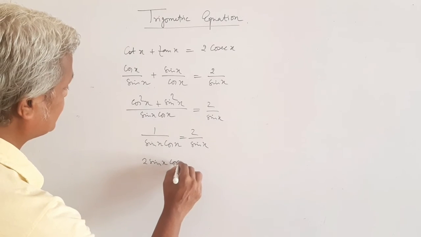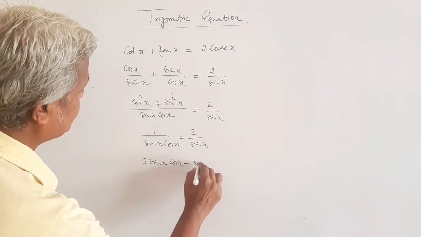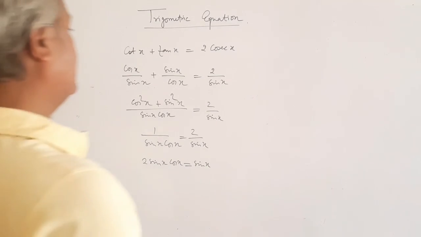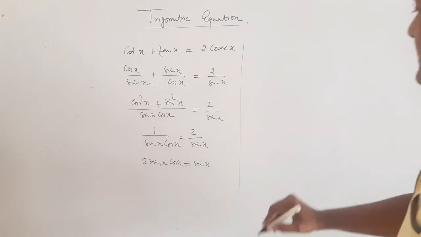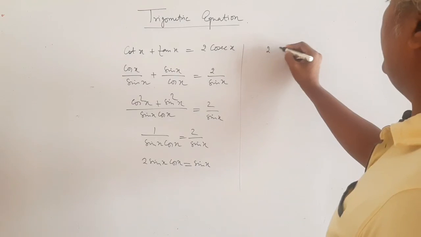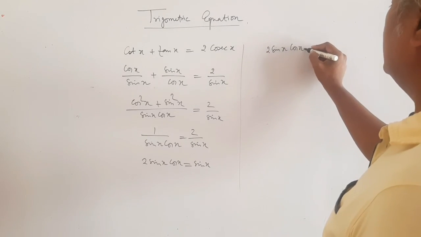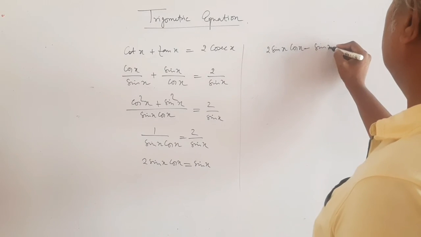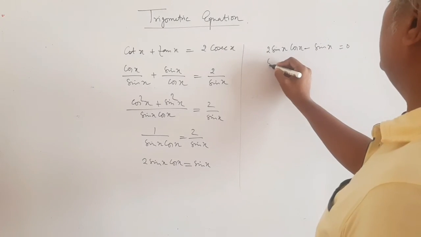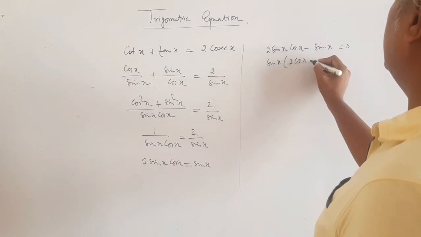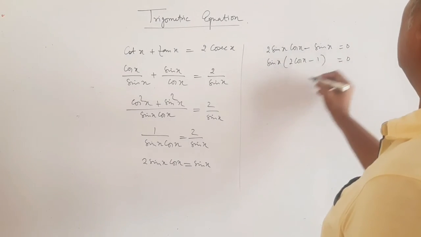First you can write 2 sin x cos x equal to sin x. Then we find 2 sin x cos x minus sin x is 0. Take sin x common, that is sin x times 2 cos x minus 1 is 0.